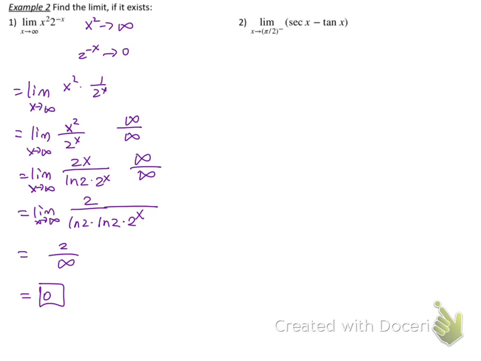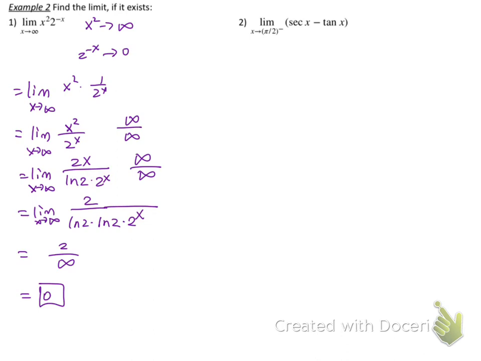Example 2. As x approaches pi over 2 from the negative side, we have the difference of secant minus tan. I don't know if you know what secant is; secant is 1 over cosine.